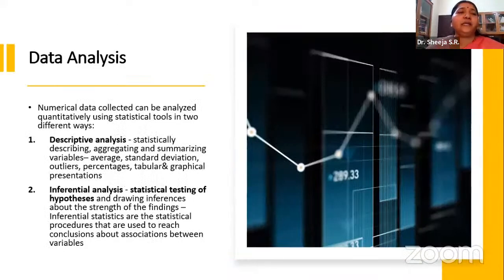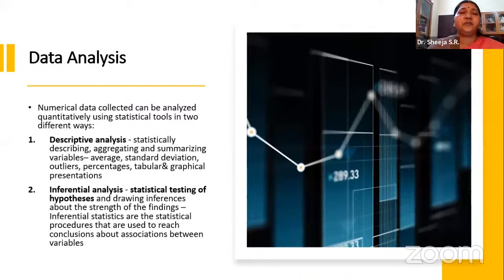Then coming to data analysis, broadly we can classify data analysis into 2 types: descriptive analysis and inferential analysis. In the case of descriptive analysis, we are statistically describing, aggregating, or summarizing variables.